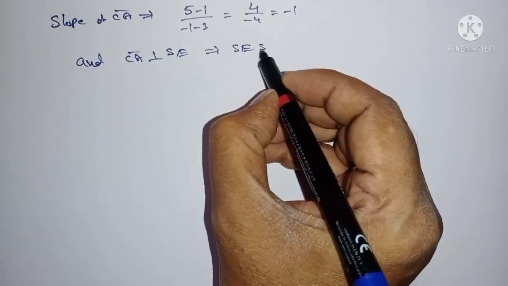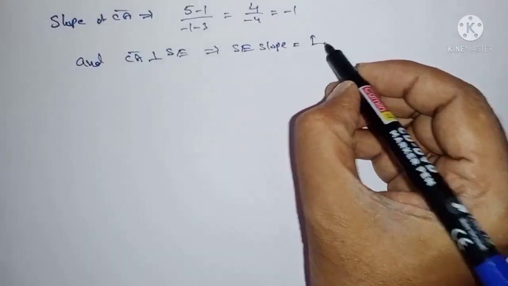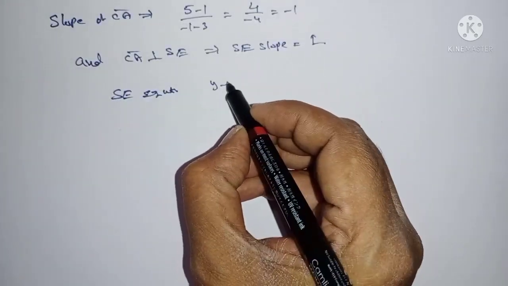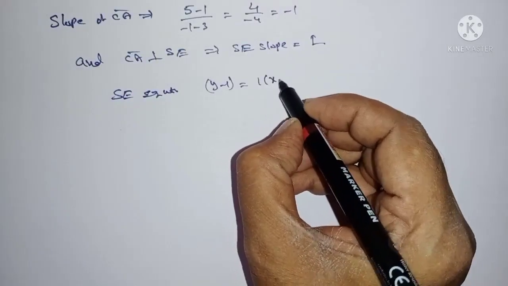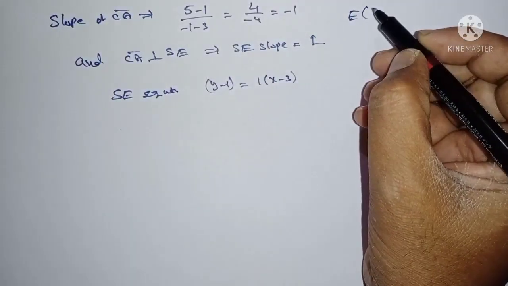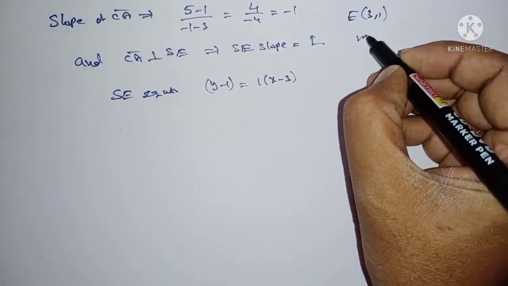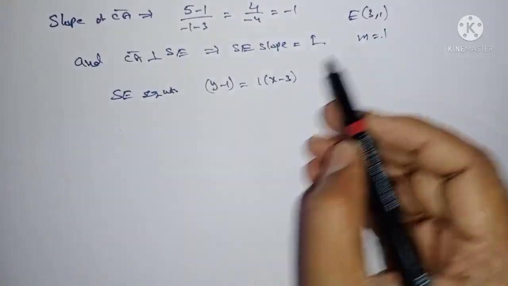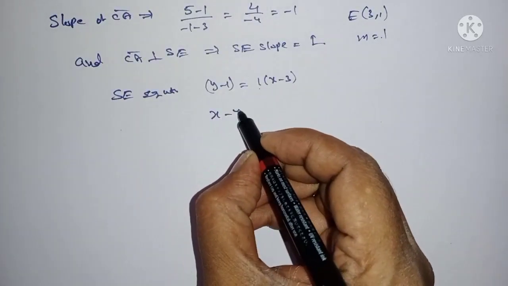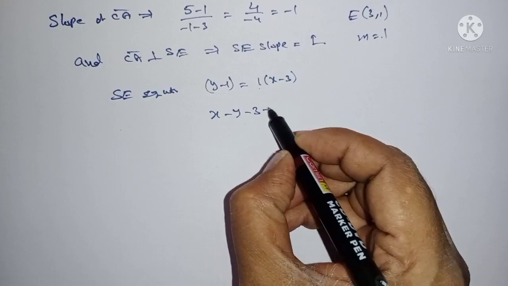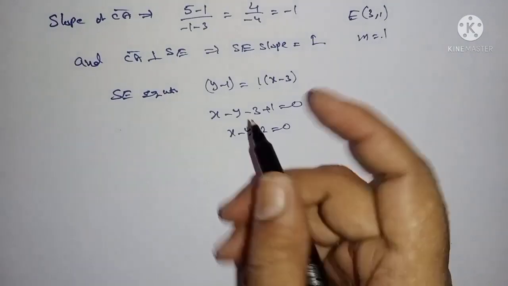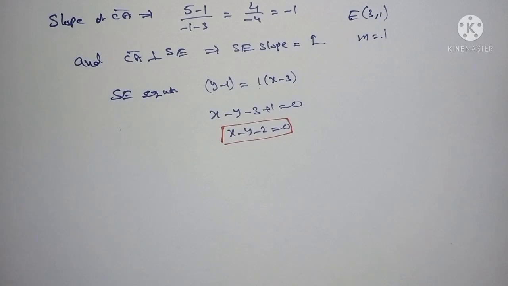Then the SE slope is -1/m, which is 1. Therefore the SE equation: y minus 1 is equal to 1 of (x minus 3), since E is (3, 1) and m is 1. Therefore x minus y minus 3 plus 1 is equal to 0, so x minus y minus 2 is equal to 0. These are the SD and SE equations.